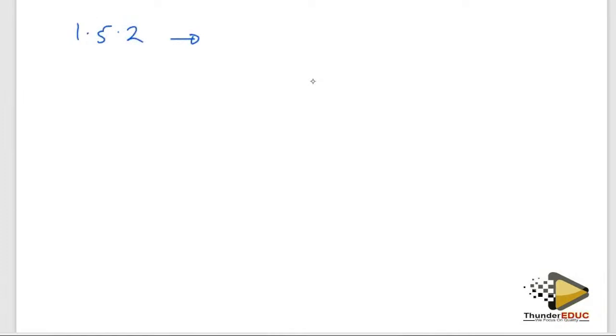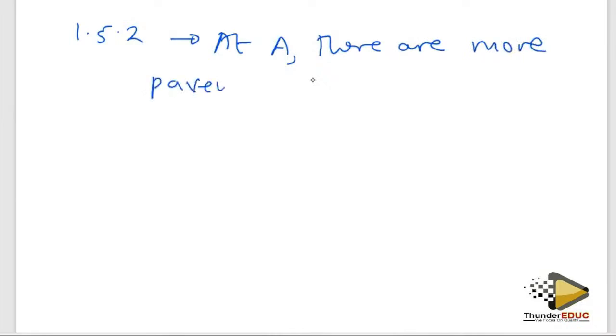I think we say because at A, there are more pavements compared to area C, right?